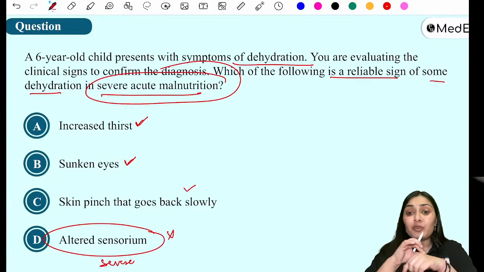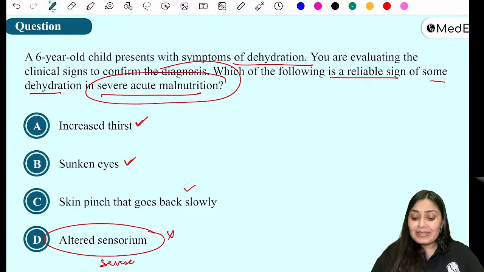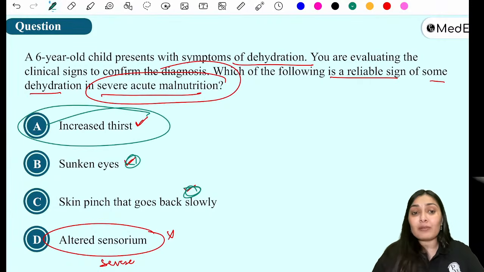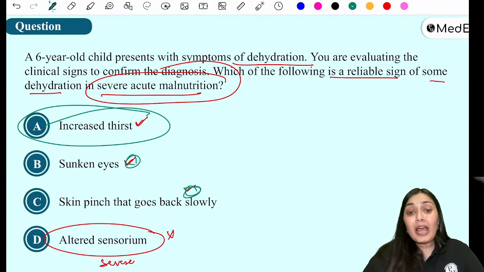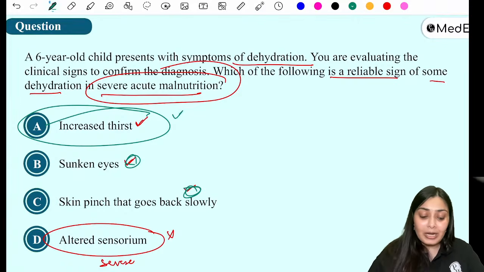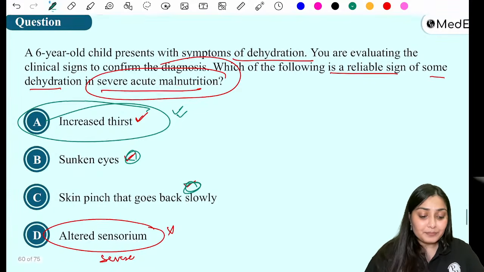Also, they don't have subcutaneous fat, so if I do the skin pinch, it might go back slowly because of that loss of subcutaneous fat. So option B and C would be doubtful in cases of SAM. In SAM, the most reliable sign would be increased thirst. Having increased thirst is a suggestive and more reliable sign in cases of SAM. So option A, increased thirst, would be the right answer over here. Right? Option A.